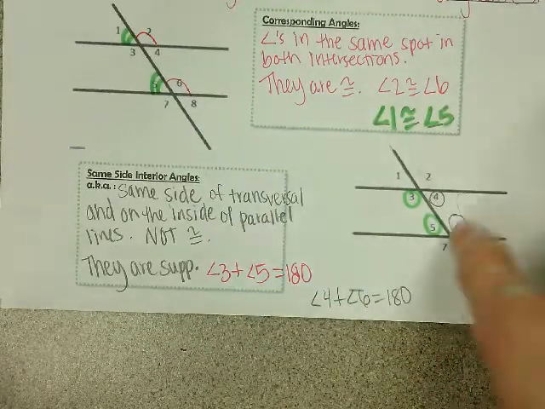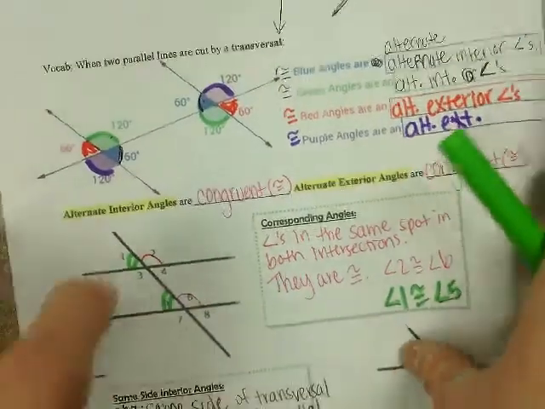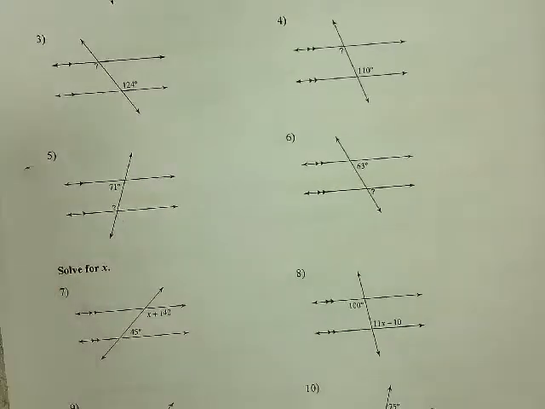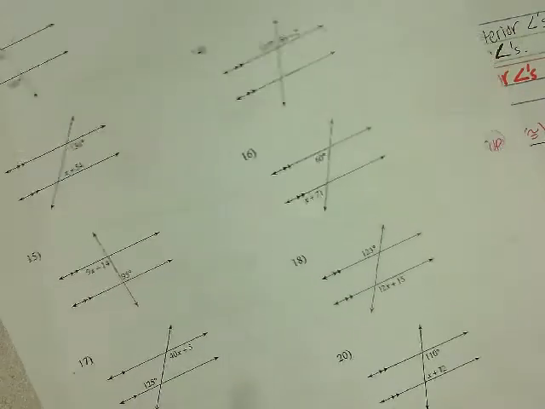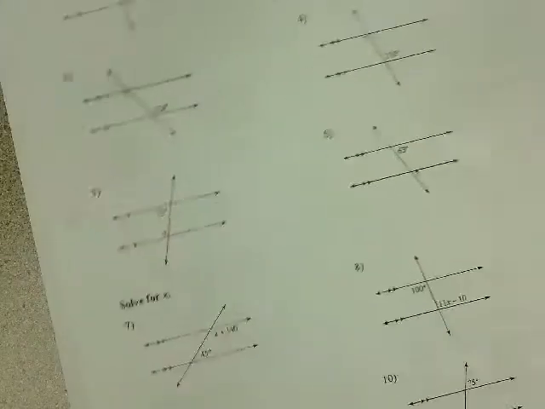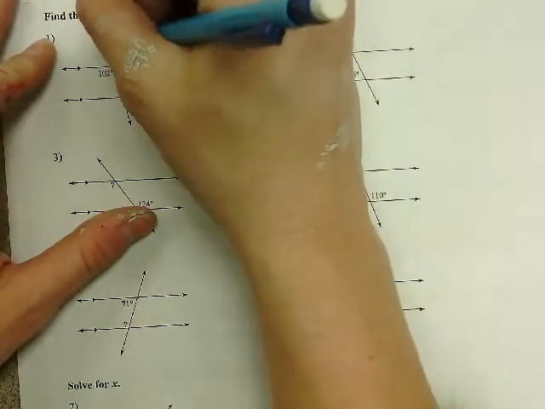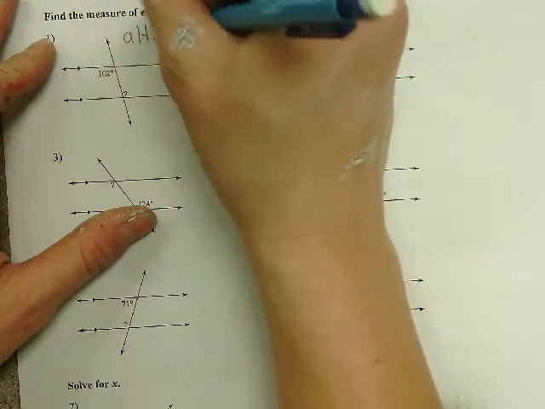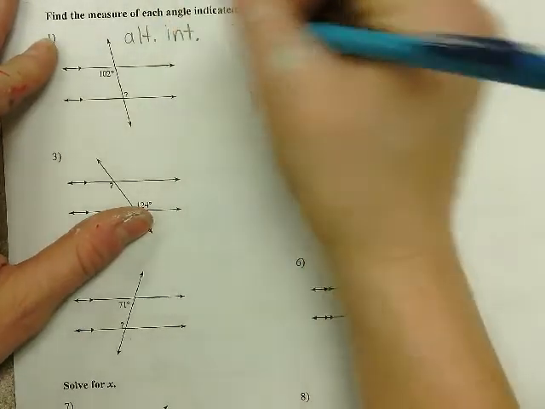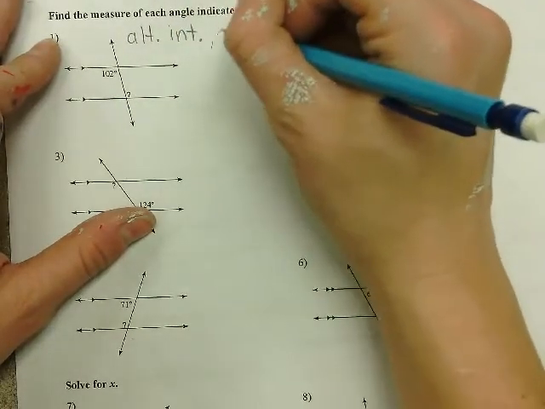All right, your homework. So look at this. Your homework is just to go through. You do not have to solve. I want you to write what type of angles they are. Okay? So like this one would be alternate interior. And then I want you to write if they're congruent or supplementary.